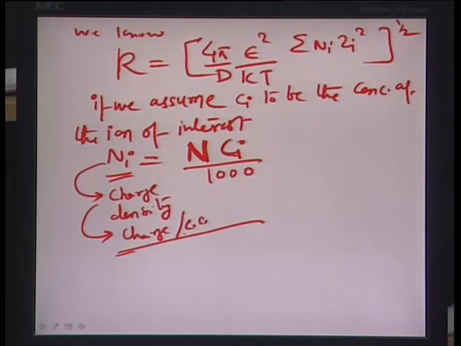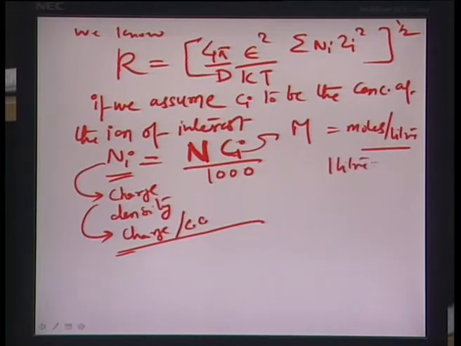Ci of course is in molarity, which is moles per liter, and 1 liter is around 1000 centimeter cube, and thus this 1000 term here. So, the number of moles or the number of charges per unit volume can be a function of n Ci by 1000.